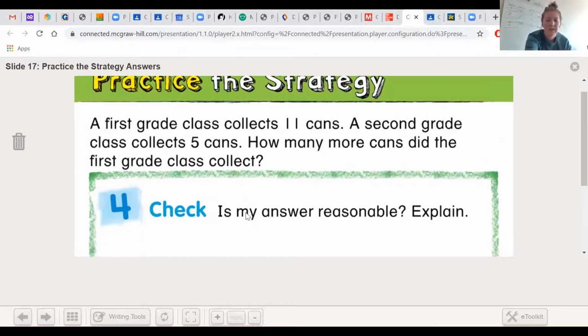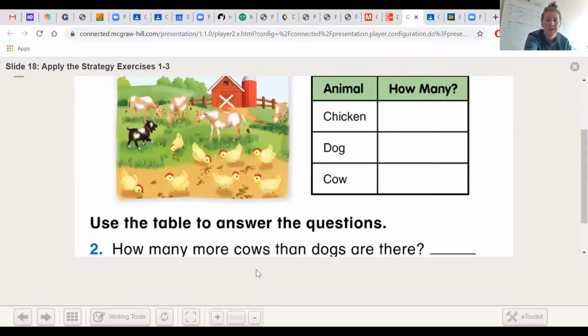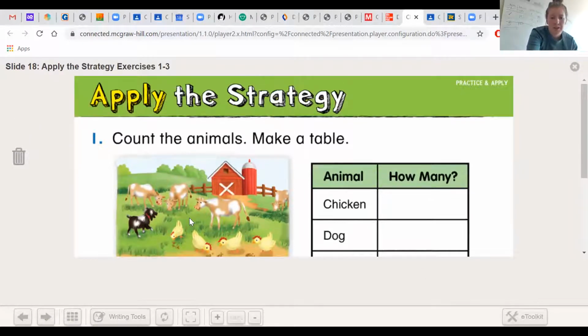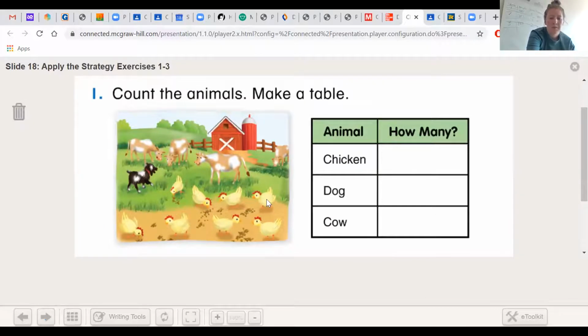All right, next page. I love this question. All right, we're gonna count the animals. Let's figure out how many chickens are in this picture. Count the chickens with me. 1, 2, 3, 4, 5, 6, 7, 8. How many chickens? 8 chickens, beautiful.